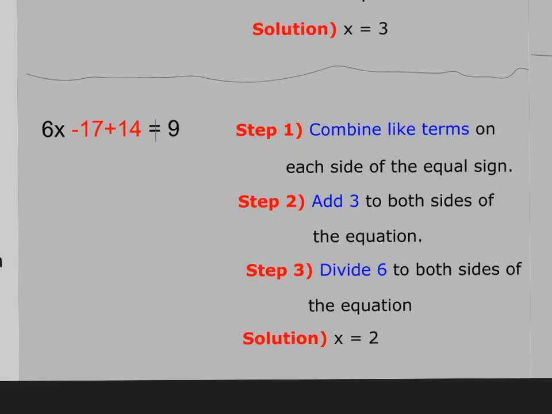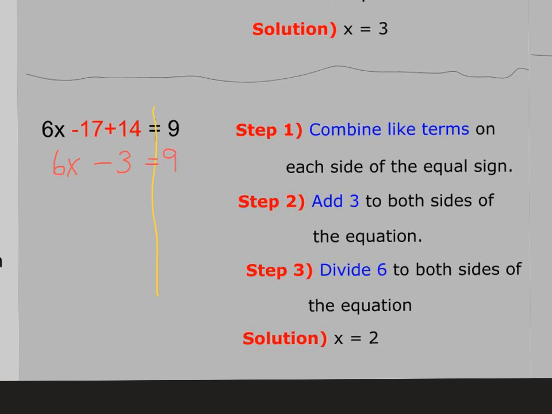We have 6x minus 17 plus 14 equals 9. So bring down the 6x because that does not have a like term. And then now we get to the part where we have like terms. So negative 17 plus 14 will give us a negative 3 equals, bring down the 9.